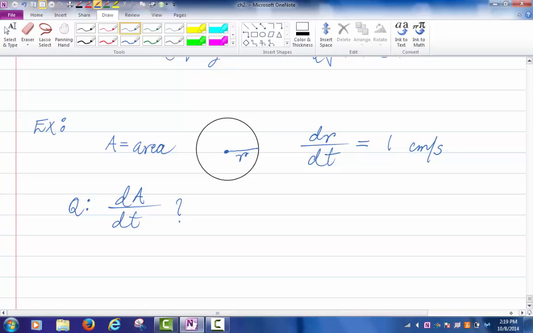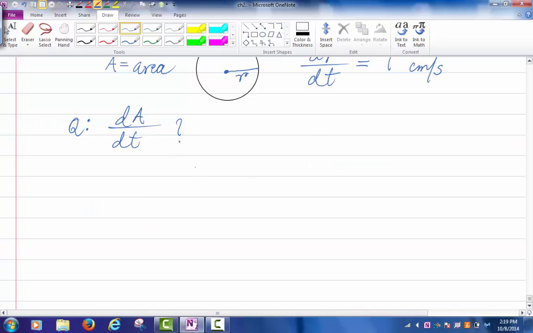Can you give me a formula for A, the area of the disk, in terms of t? No. But can you give me a formula for A in terms of the radius? What is that? A is pi r squared. So then what is the derivative of A with respect to time?